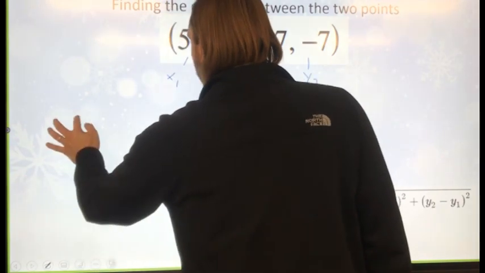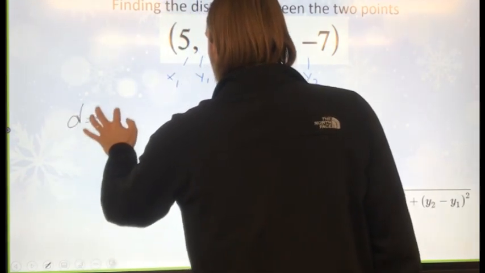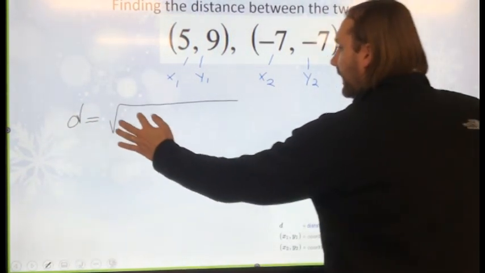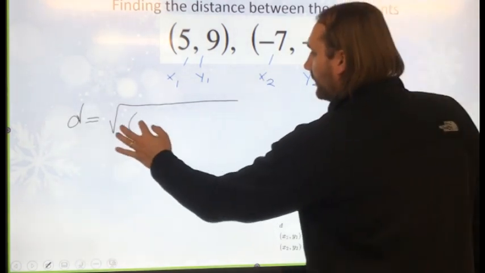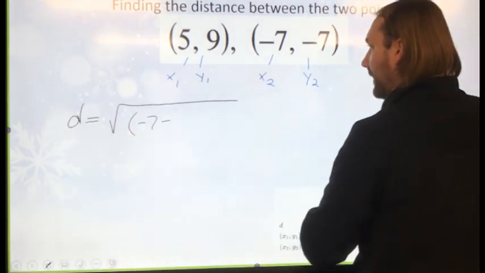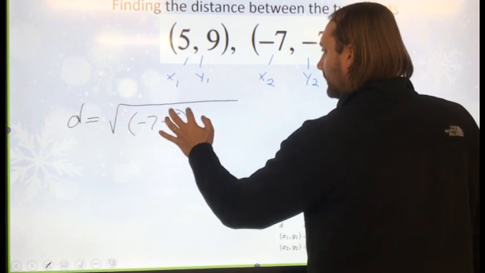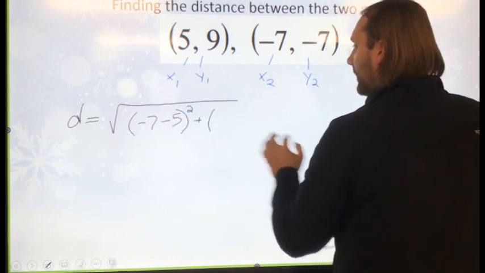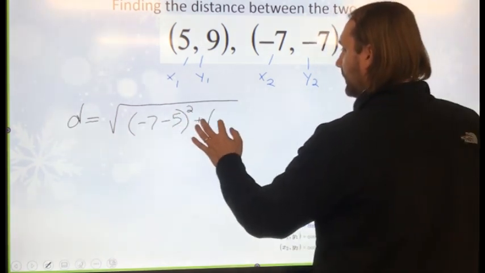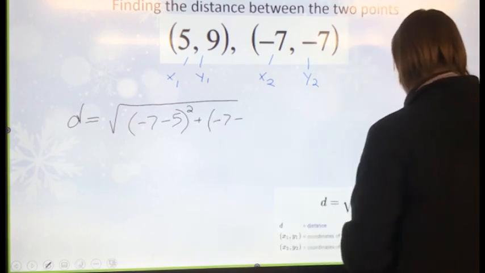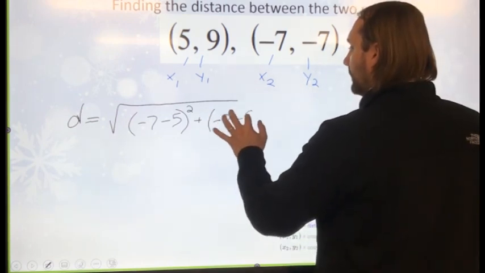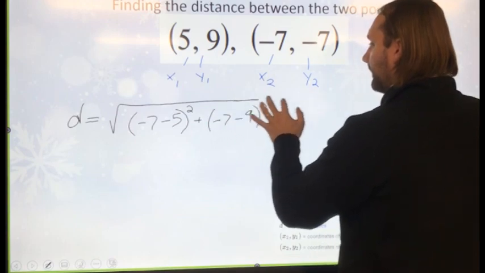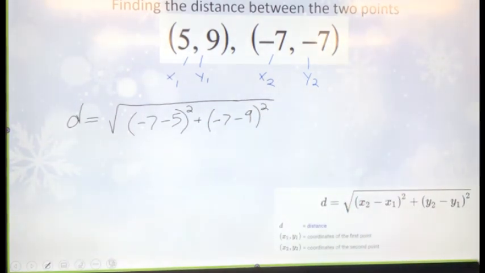Let me plug it into my formula, where d equals the square root of x2, so -7, minus x1, 5, squared, plus y2, -7, minus y1, 9, squared.